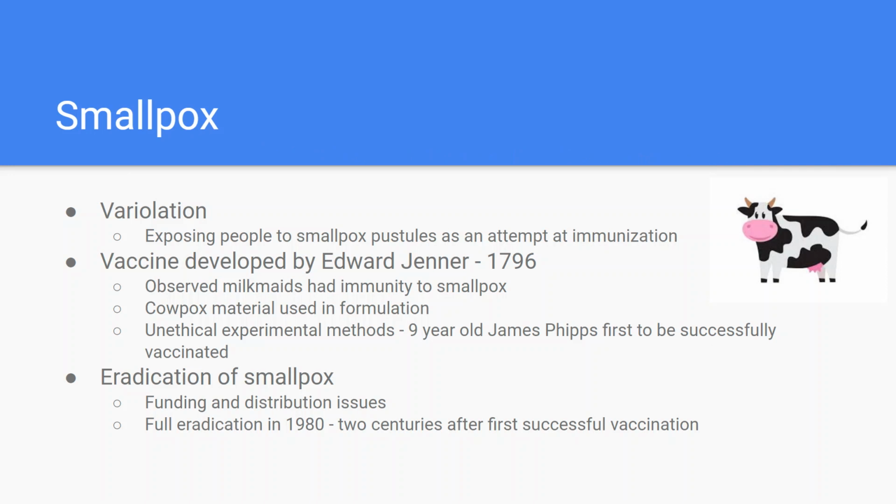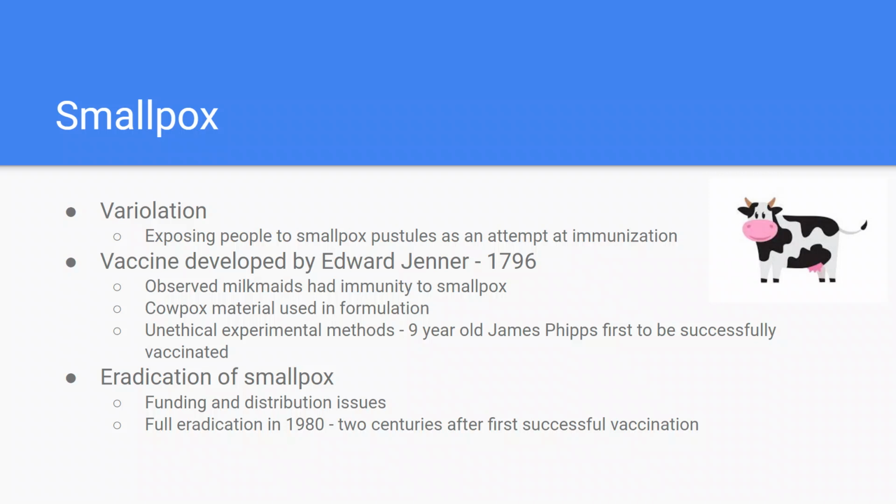The smallpox vaccine was first developed by Edward Jenner in 1796. He had observed that milkmaids had an immunity to smallpox, so he used the cowpox material from cows for the formulation of his vaccine. But there were some unethical experimental methods.